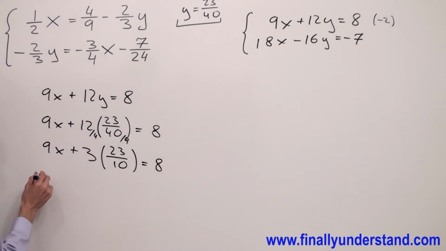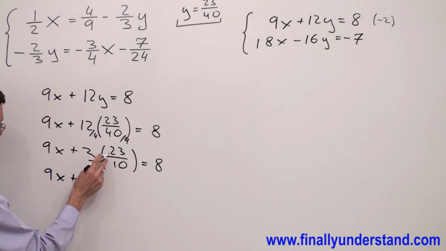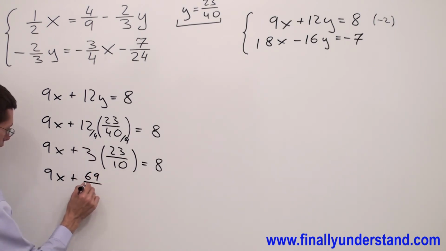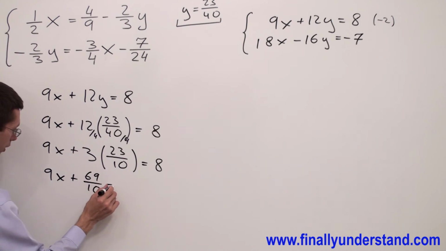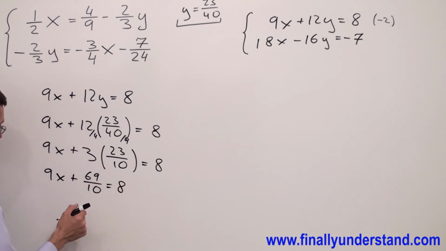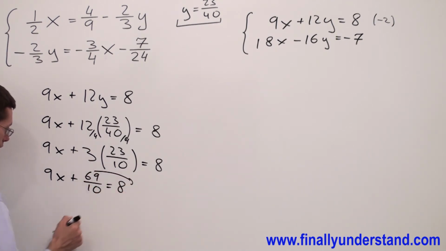So I'm going to have 9x plus 3 times 23 is equal to 69 over 10 is equal to 8. So what we're supposed to do next, we're supposed to move this fraction to the right side.